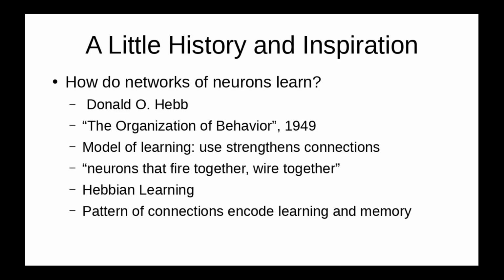His model of learning suggested that use strengthens connections between neurons. This is sometimes described as neurons that fired together, wired together. And this is known as Hebbian learning. So the takeaway from this is Mr. Hebb was proposing that it is the pattern of connection strengths that encode learning and memory in real neurons and networks.